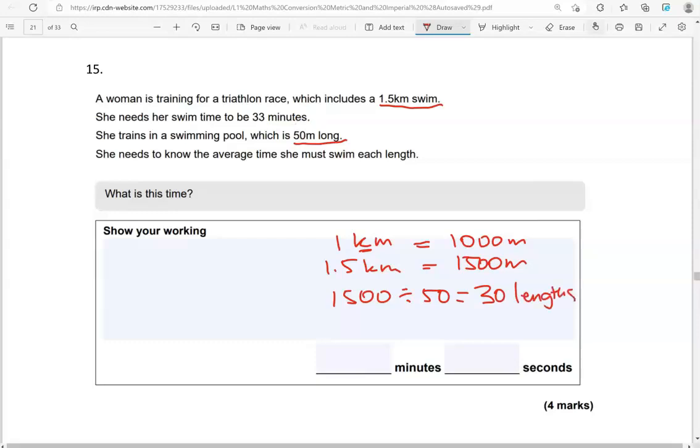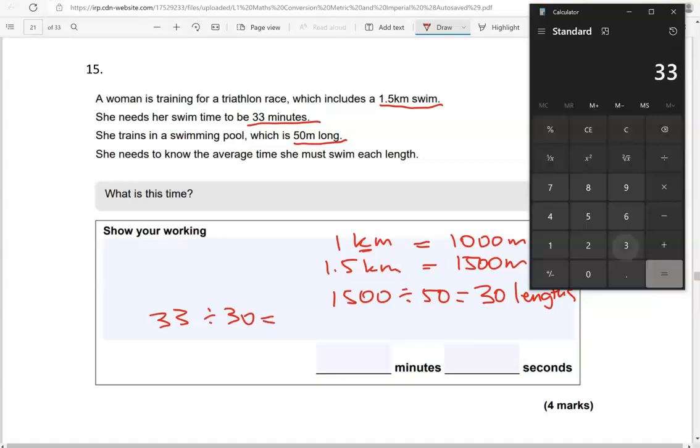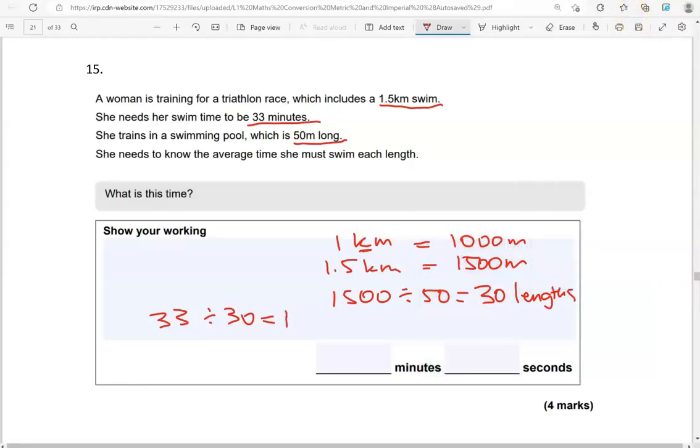She needs the swim time to be 33 minutes. So if we do 33 divided by 30, this is 1.1. So that's 1.1 minutes for each length.